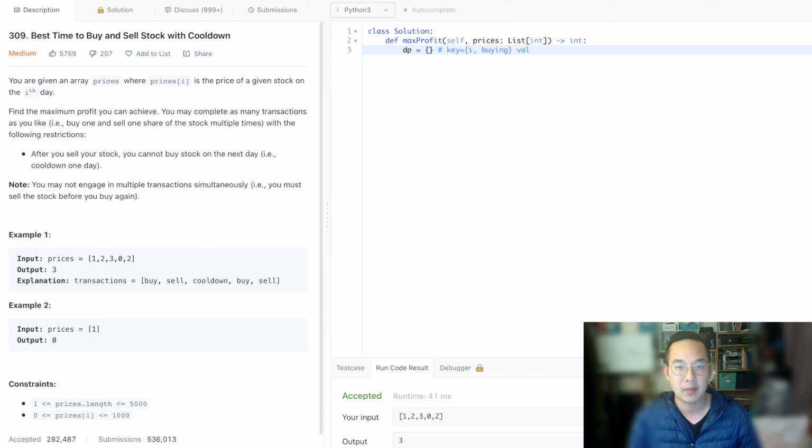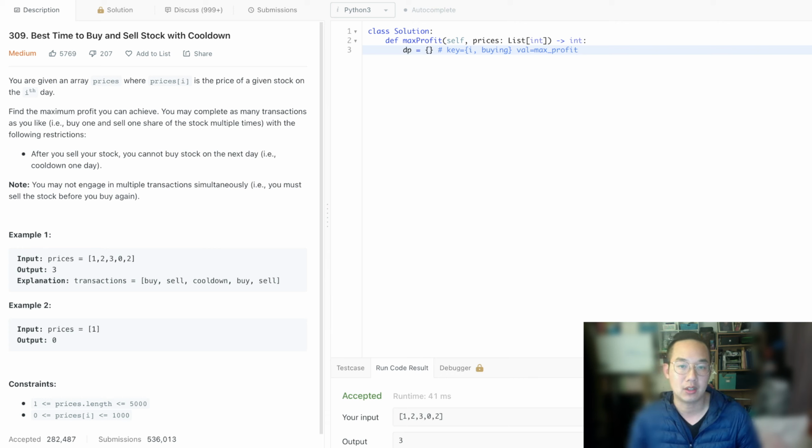We're using another variable, because we can only buy after we sell, and we only sell after we buy. That's important, because if we can't buy or sell, then we have to cool down. That means we can't sell nor buy at that moment, and we need to keep that going.